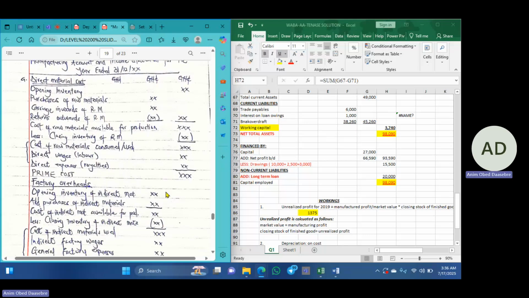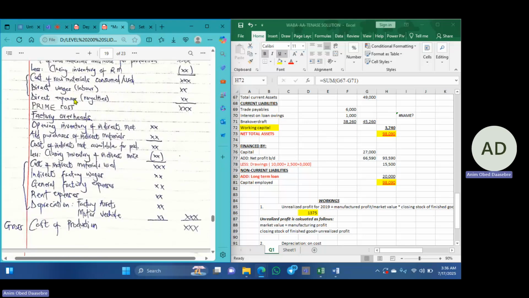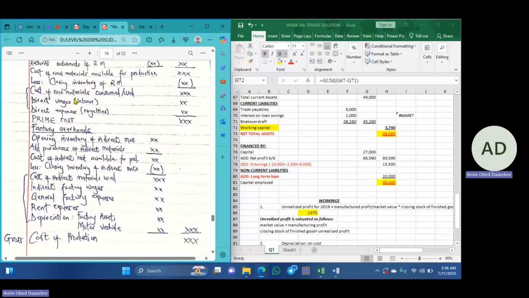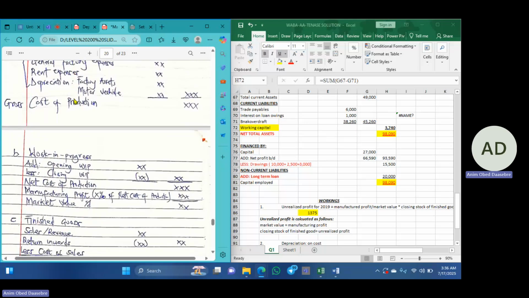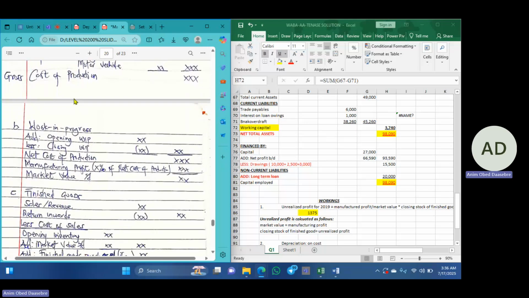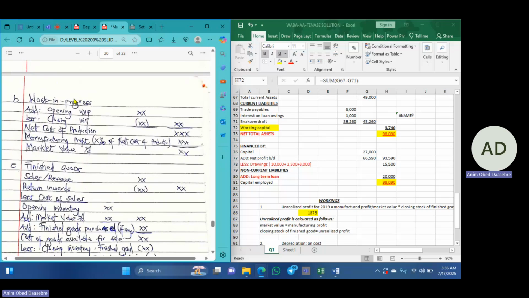But you can also take a look at it. So with the manufacturing accounts, there are certain things you need to calculate. That's the first, you need to calculate your direct material cost. The second thing you need to do is the factory overheads. You calculate for factory overheads. Then the next item is the work in progress. Then that will be the end of the manufacturing account.